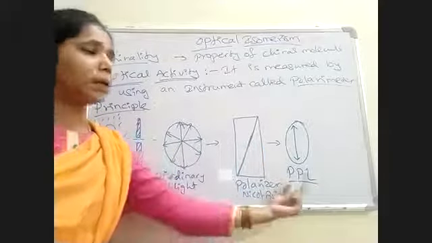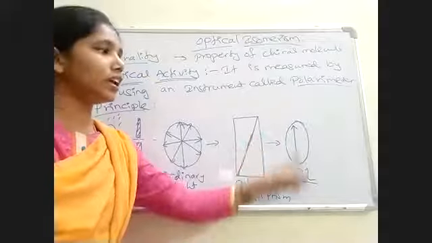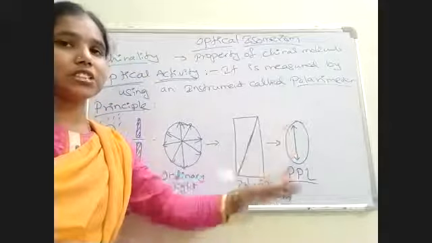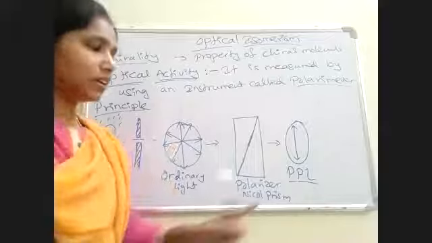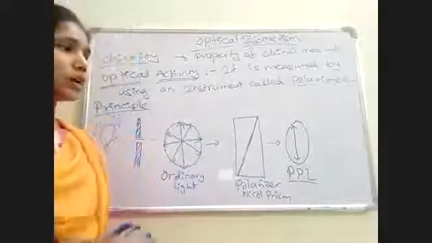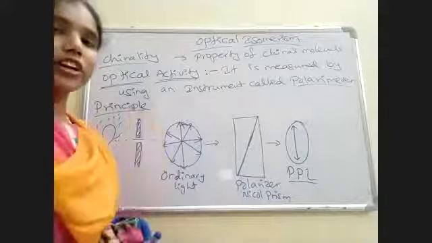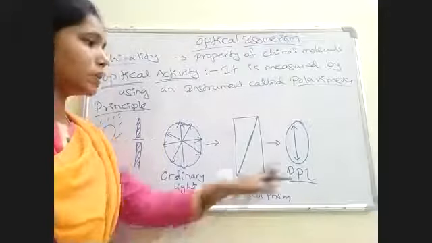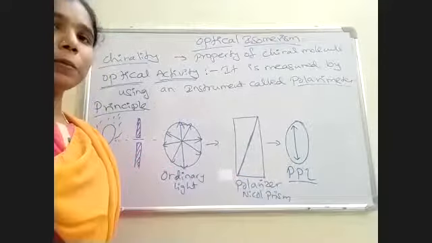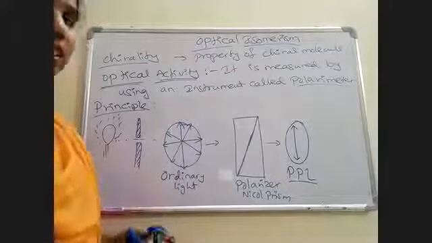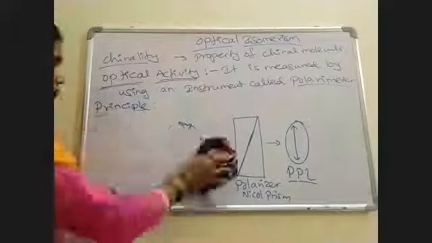Plane polarized light is a light having its direction of oscillation only in one single plane. When this plane polarized light is passed through an organic substance, what happens when it interacts with the plane polarized light? That is the principle involved in the polarimeter tube.